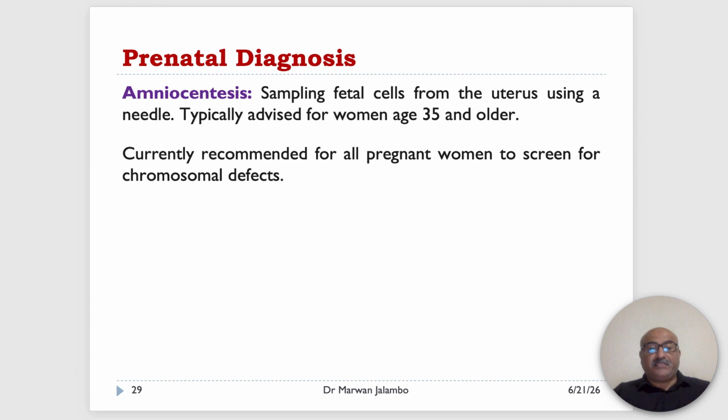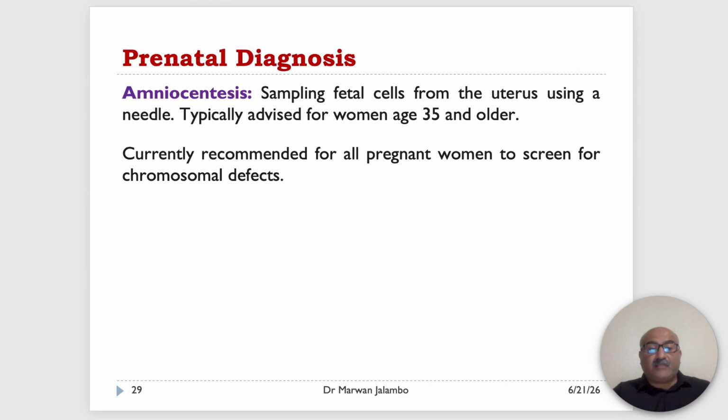Prenatal diagnosis has advanced significantly. Procedures like amniocentesis involve using a needle to extract amniotic fluid, which contains fetal cells. These cells are then karyotyped to check for chromosomal abnormalities like Down syndrome.